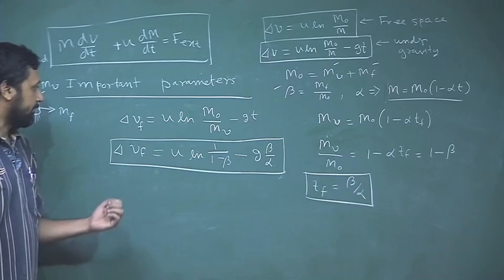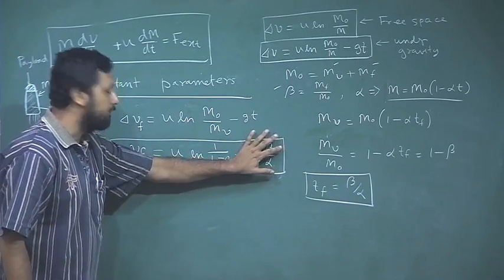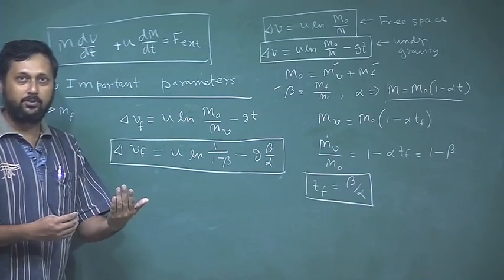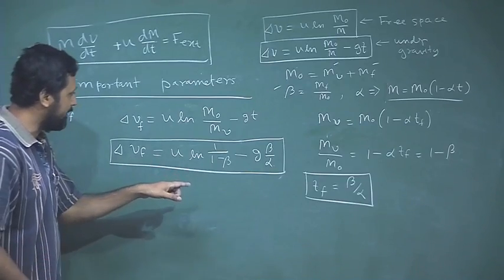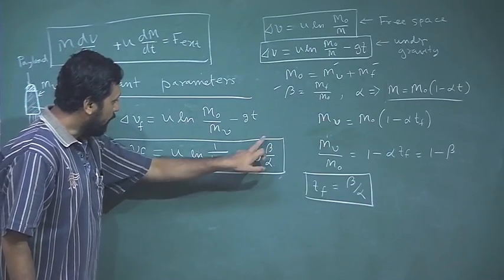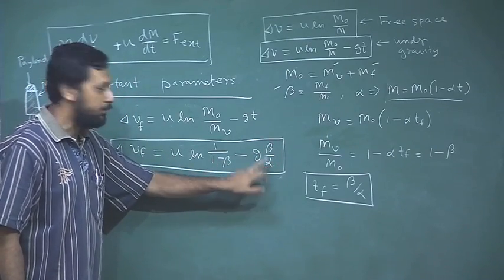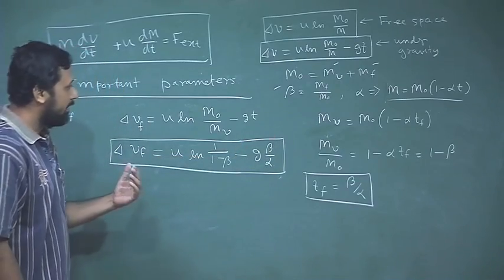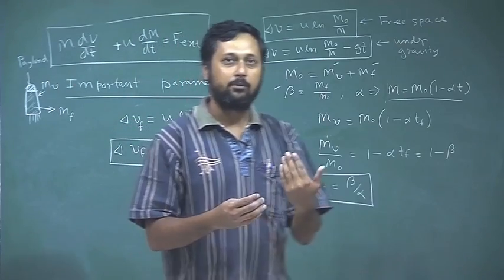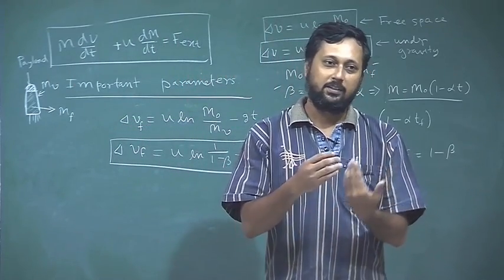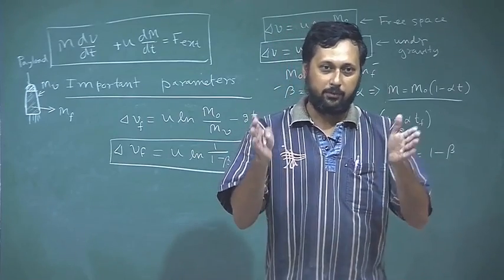Now, this is a very interesting result, because when we are not considering gravity, it does not matter at which rate the fuel is exhausted, we finally get the same change in velocity. The moment we introduce gravity into the equation, the rate of fuel exhaust also becomes an important parameter, which was previously not there. So in free space it does not matter if you move slowly, exhausting less fuel at a time, or move fast, you end up with the same total velocity change for the fuel available.